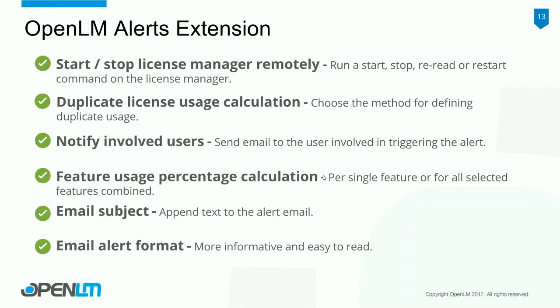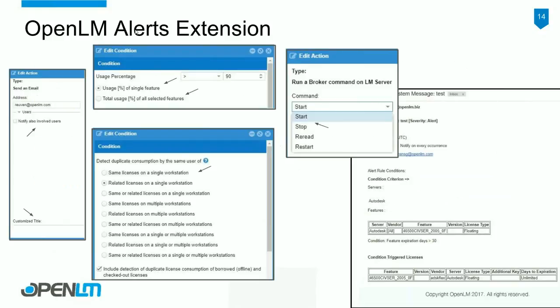Because if you select one, that's okay, but if you select 5 features, then do you want to get notified on the first one, or when all of them go over 90%? So this gives you, as you see, better automation and better managerial capabilities with the OpenLM alerts extension.